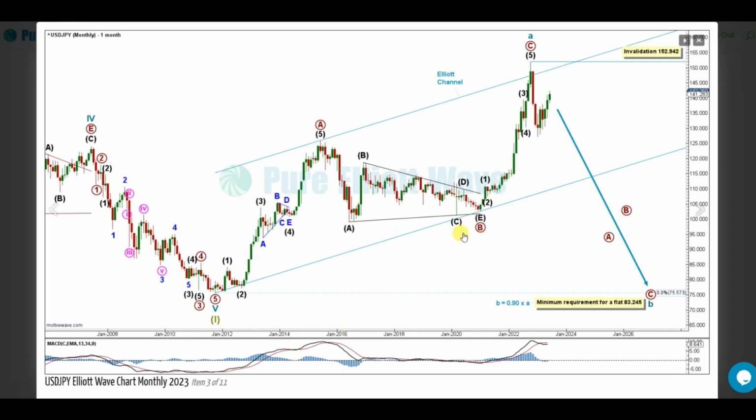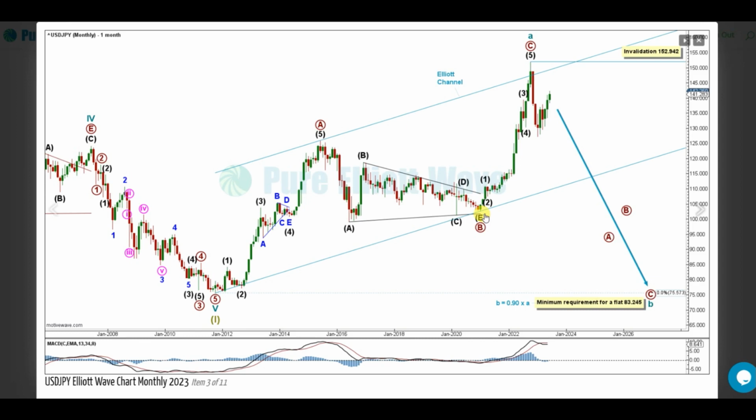Our B wave within primary A for the A, B, C zigzag, subdividing as a 5, 3, 5 structure, is really cleanly a contracting triangle, which is the most common type of triangle in Elliott wave theory.